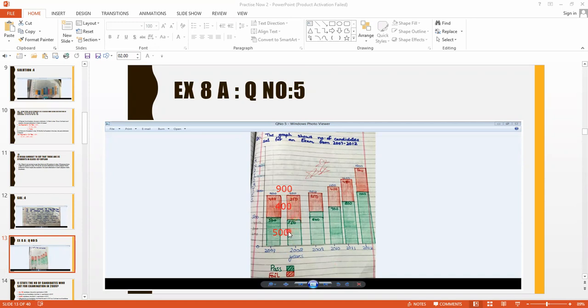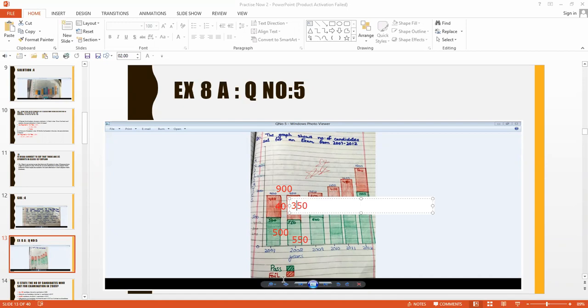Now I'm talking about 2008. The pass students are 550 and the fail students are 250, sorry, this is not 250, this is 350, because the answer is the same, 900.